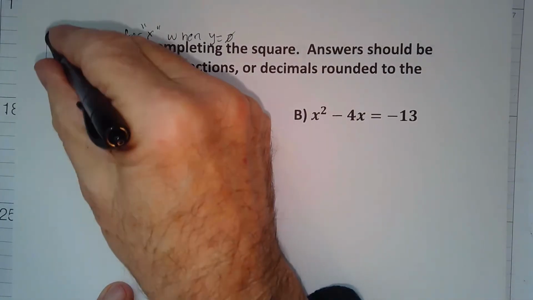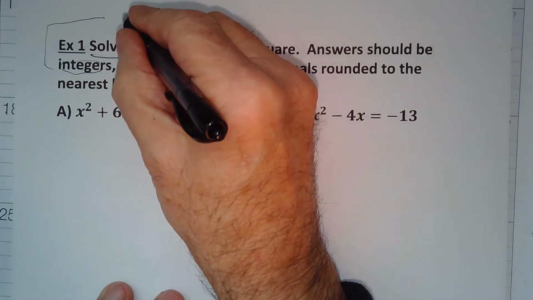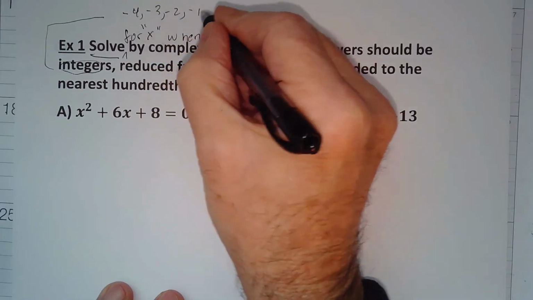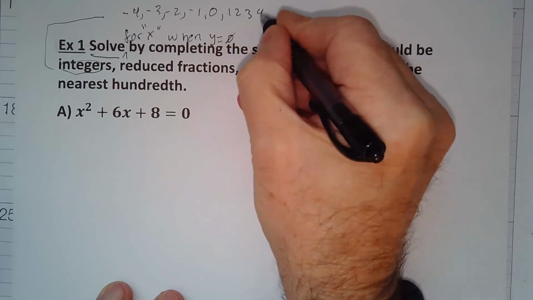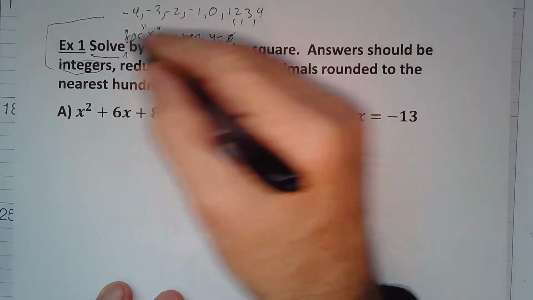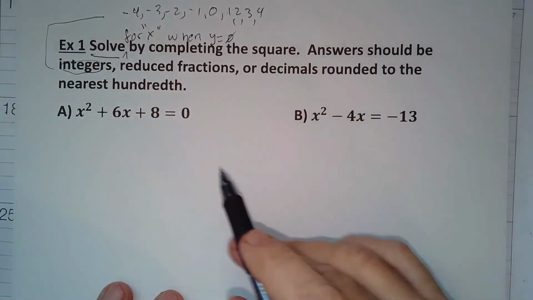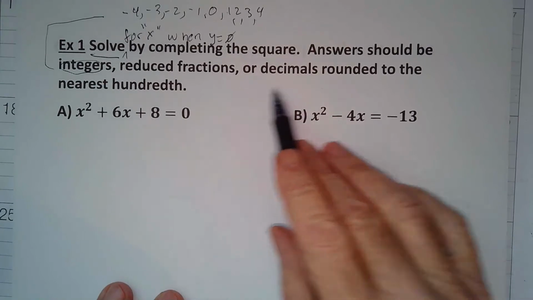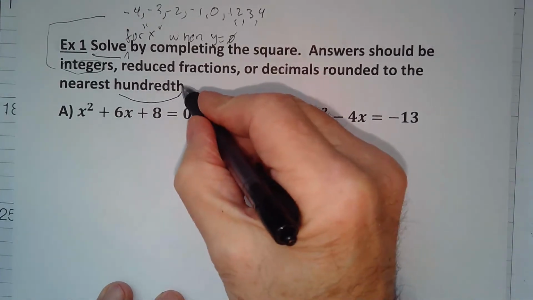Integers are all your positive and negative numbers: negative 4, negative 3, negative 2, negative 1, 0, which includes 0, 1, 2, 3, 4. Those are all the ones on the number line, positive and negative. Your answers should be integers, reduced fractions, or decimals rounded to the nearest hundredth.